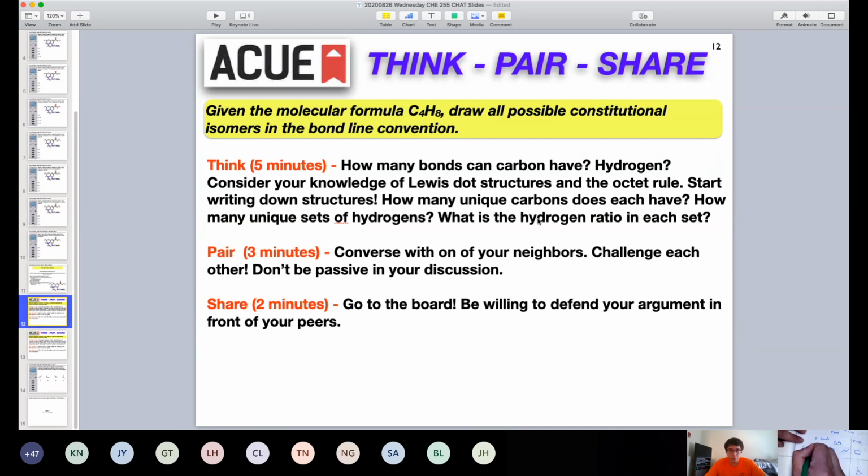So here the pi bond starts at position 1. For the next one, it moves over, position 2. Now for the ring, it doesn't matter where you start really, but that ring has 4 carbons in it.